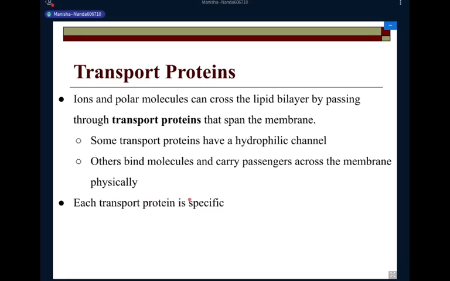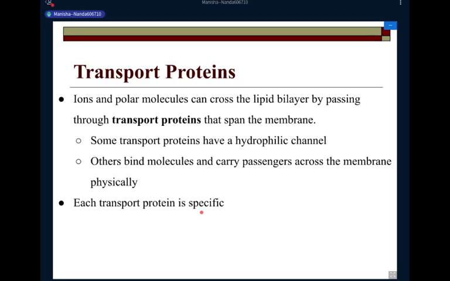And each transport protein is specific. I mean, for each and every type of molecule or ion that has to cross the membrane, these transporters are specific. It is not the case that a single transporter can transport glucose or any other biomolecule across the membrane. These are very specific, right?